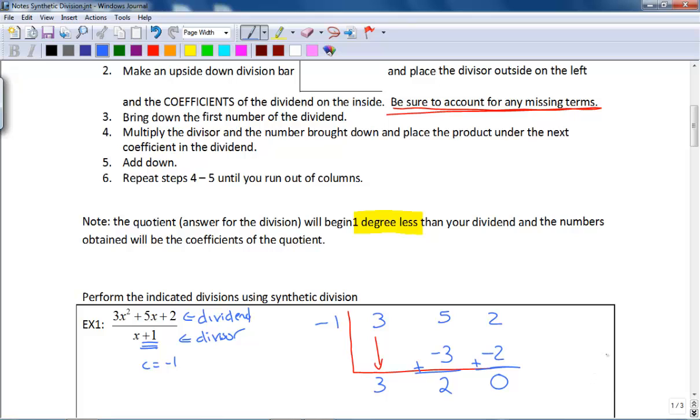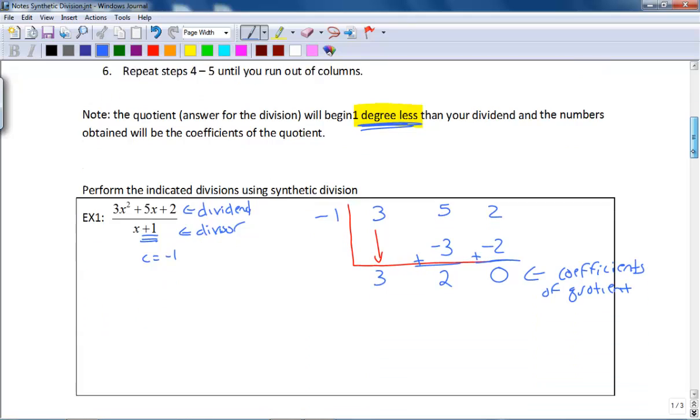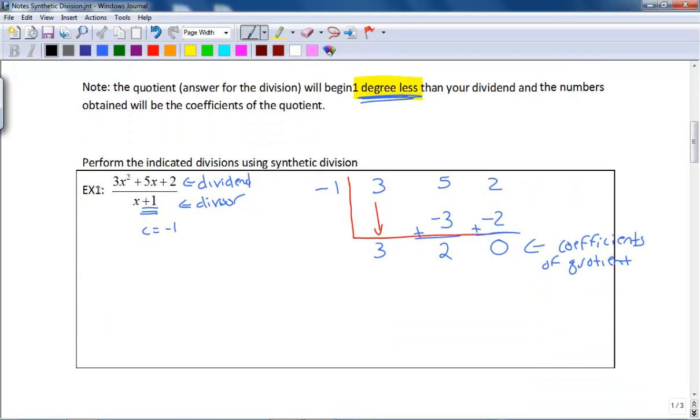Alright, great. So then the answer for the division is going to begin with 1 degree less than the dividend, and these numbers down here are the coefficients of the quotient. What does that mean? I'm just going to rewrite this because I've written all over it. It means that 3x squared plus 5x plus 2 over x plus 1, when you divide that, is equal to 3x, since 1 degree less than squared is just x, plus 2.